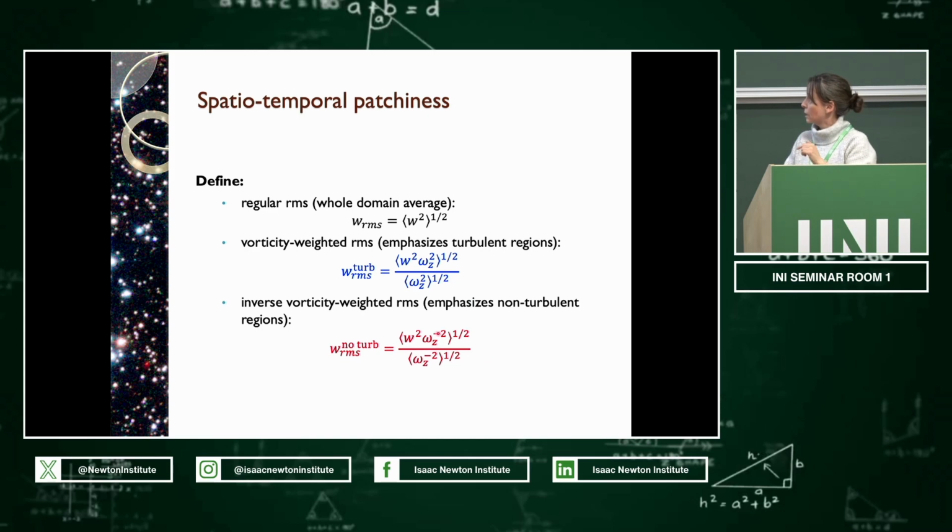We're creating another quantity, which is the vertical velocity weighted by the inverse vorticity. That's a mouthful. And that one is extremely small in the turbulent patches and extremely big outside of the turbulent patches. So this is going to be a diagnostic of the non-turbulent regions. Hopefully you get the idea.